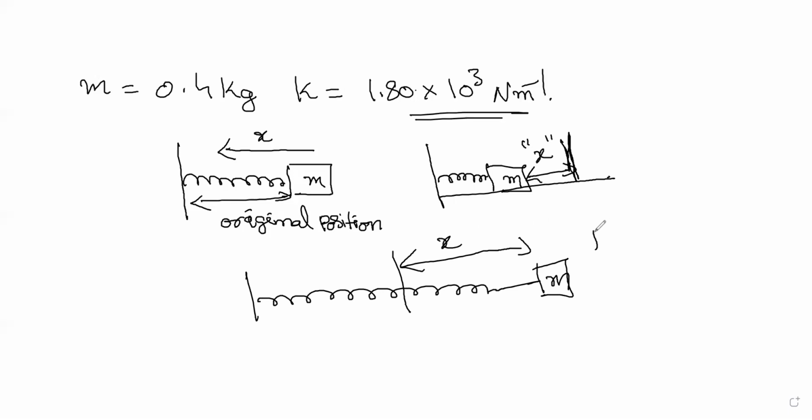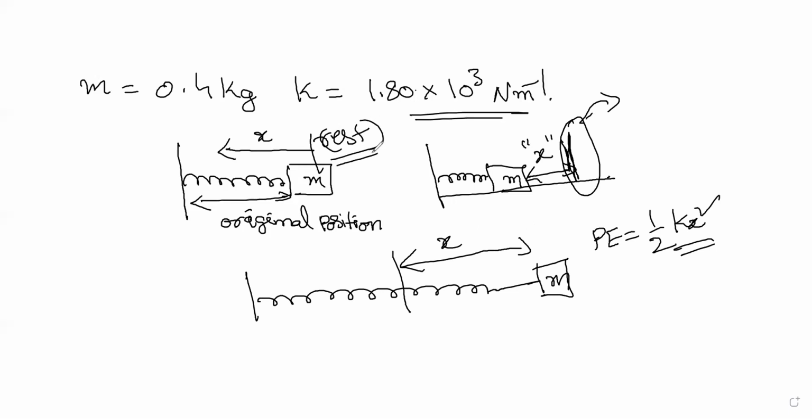In all these cases, the potential energy of the spring is given by half kx square, so x is measured from the mean position. This is called the mean position, the rest position. The spring is not compressed, it is released, in the free condition, not subjected to any external force.